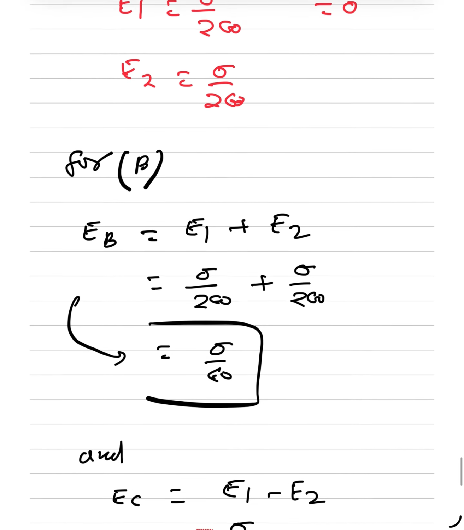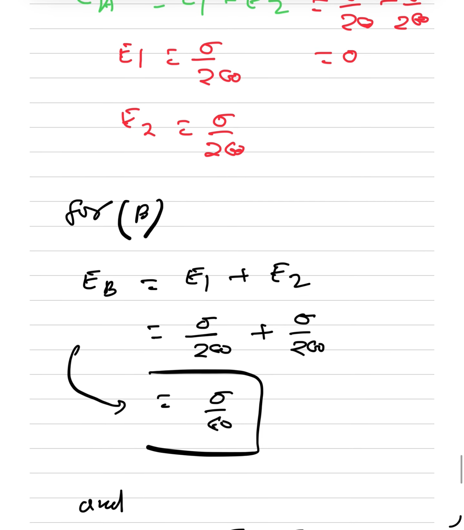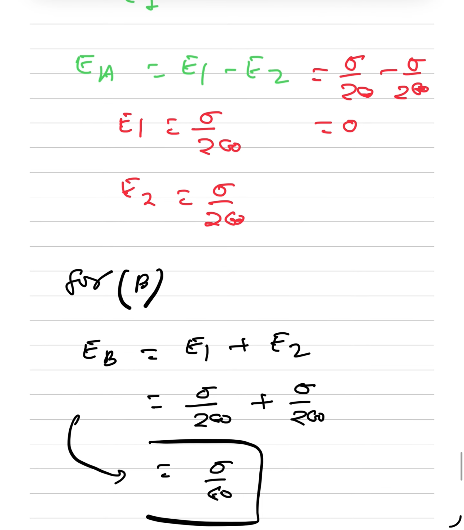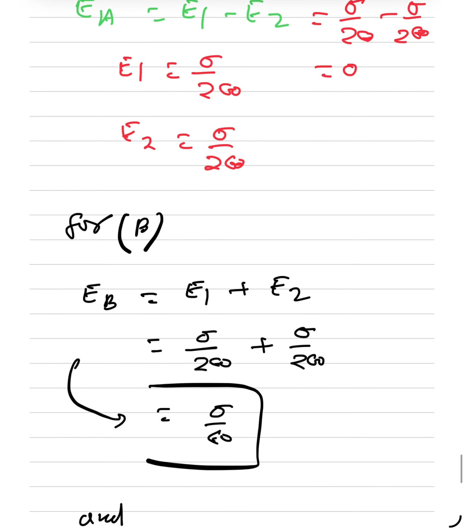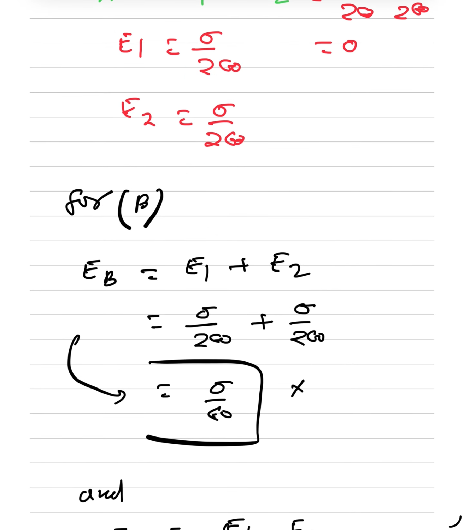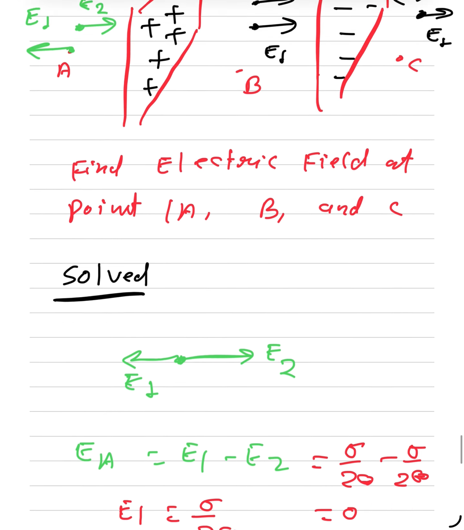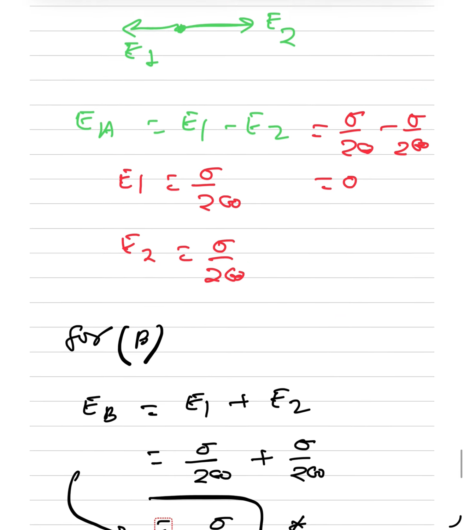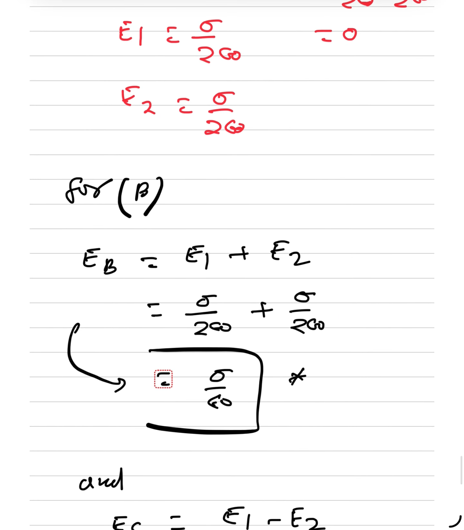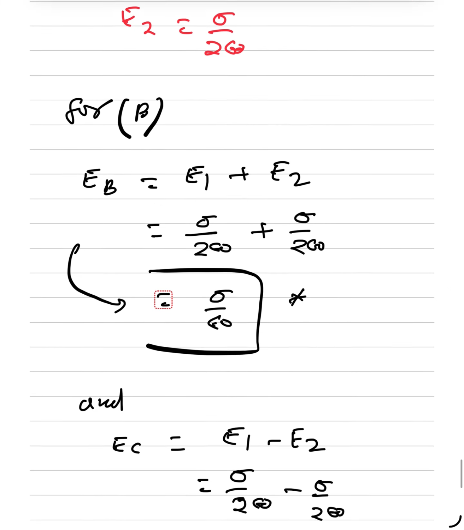So outside both plates the electric field must be 0, but inside it is sigma divided by epsilon naught. This is a good example of a capacitor: between both plates of the capacitor the electric field is sigma divided by epsilon naught.